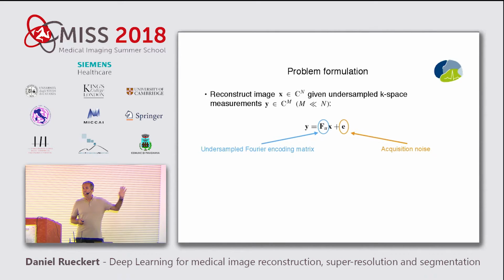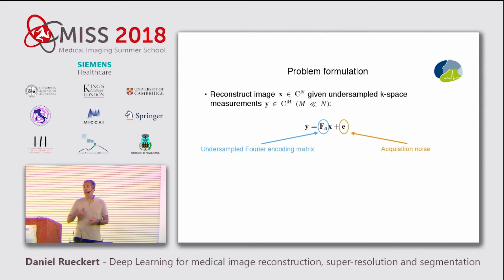Okay, so let's look at this if we set it up as a deep learning problem, because it's going to look slightly different, and you'll see hopefully later on why. In the deep learning approach, my idea is I would like to reconstruct this image X. It's basically a set of complex values.